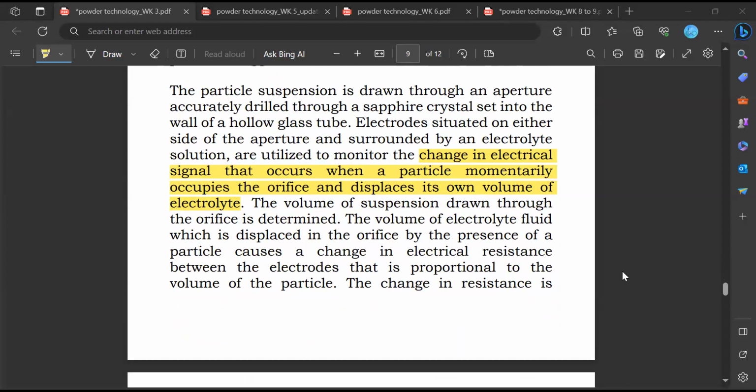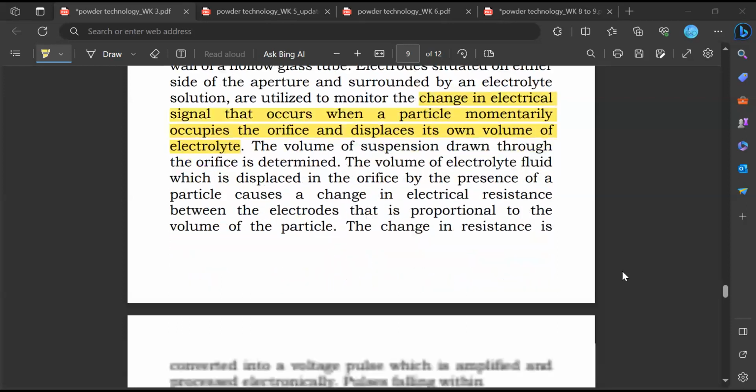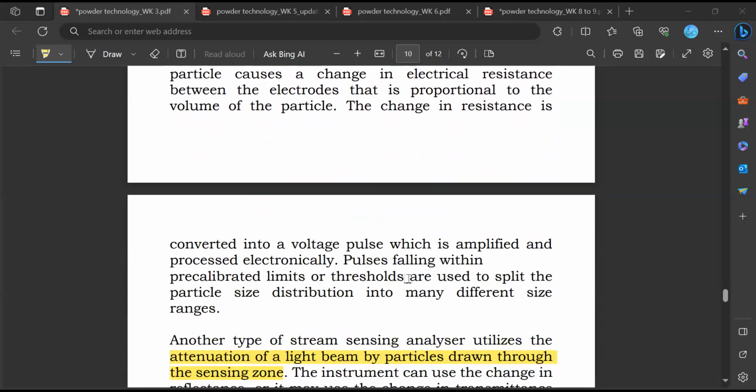What they are looking for is a change in electrical signal that occurs when a particle momentarily occupies an orifice. Once that particle goes through the orifice and displaces its own volume of the electrolyte, there'll be a change in electrical signal. This change is then processed electronically, and you can see the size distribution of the particles.